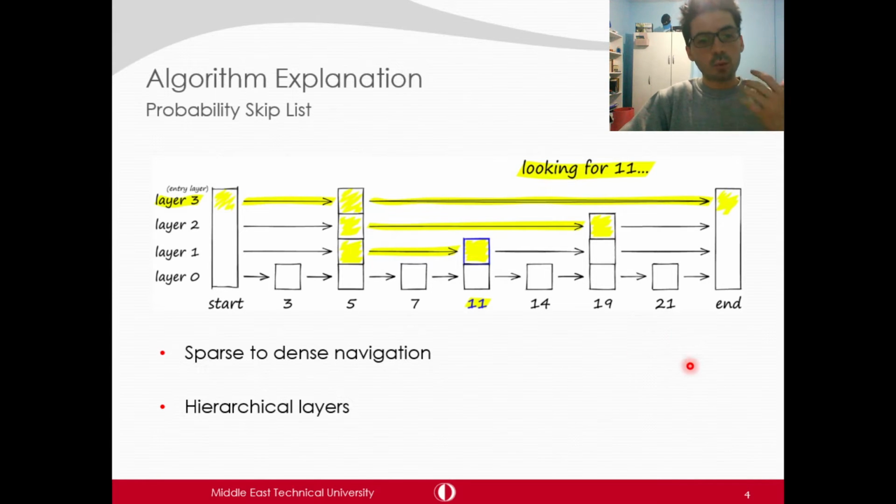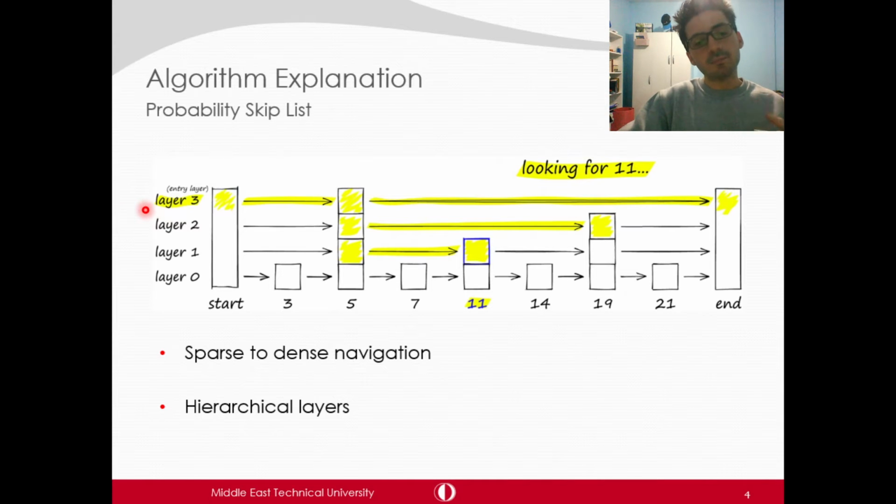In this probability skip list, different layers with different scales of dynamically linked lists are hierarchically set on top of each other, and you start to search from the top layer, in this case layer 3.